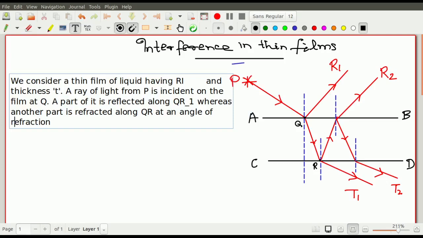Reflected angle টা বলা দরকার নেই, because reflected angle and incidence angle are same.